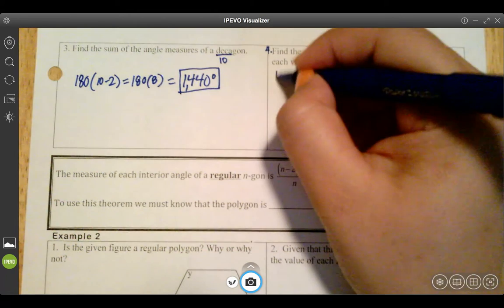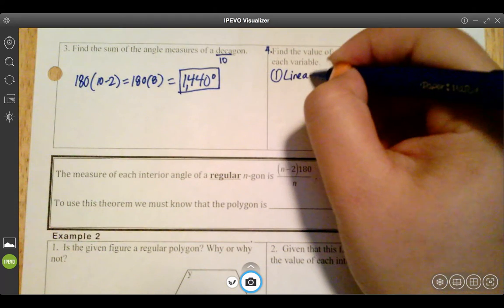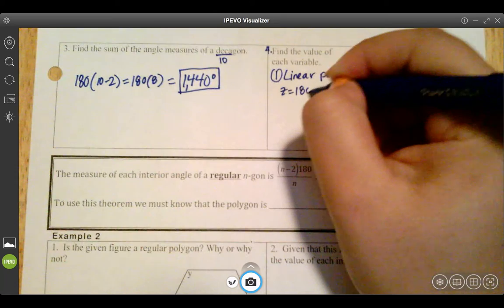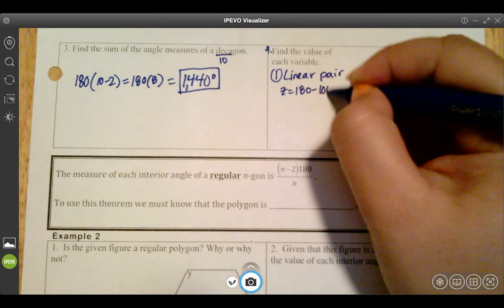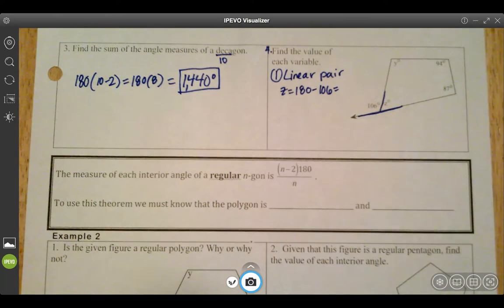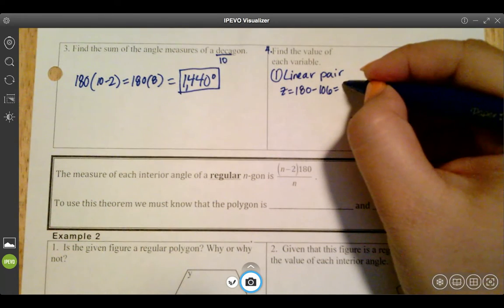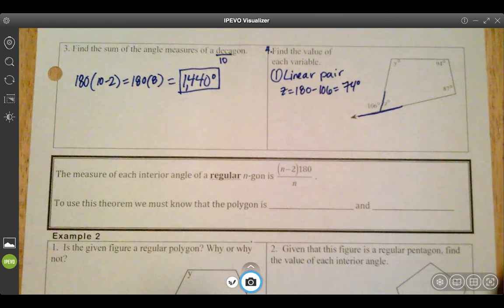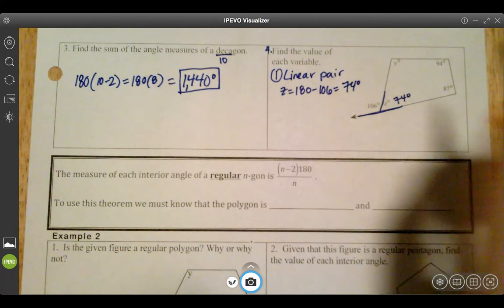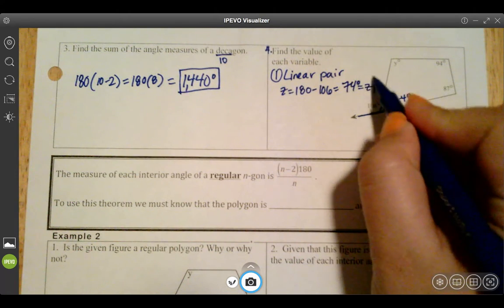So the first step is going to be to use the linear pair to say that z equals 180 minus 106, giving us 74. So now that's 74 degrees equals z.